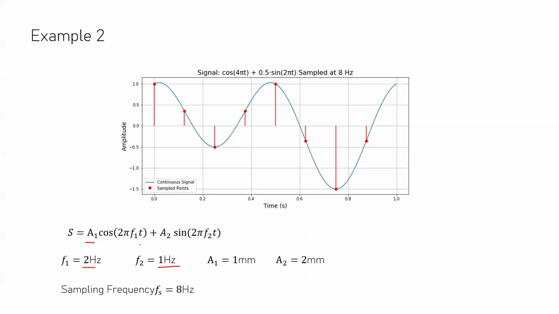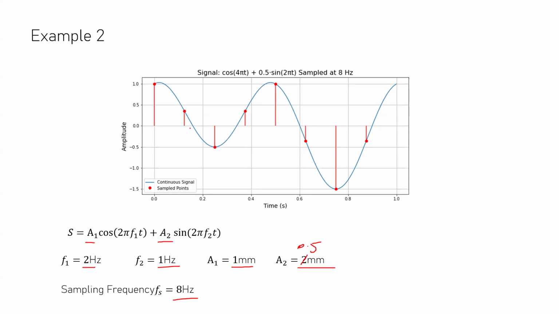The amplitude of the cosine function is 1 millimeter, and for the sine function it is, sorry, 0.5 millimeters. And the sampling frequency for this example is 8 Hertz.